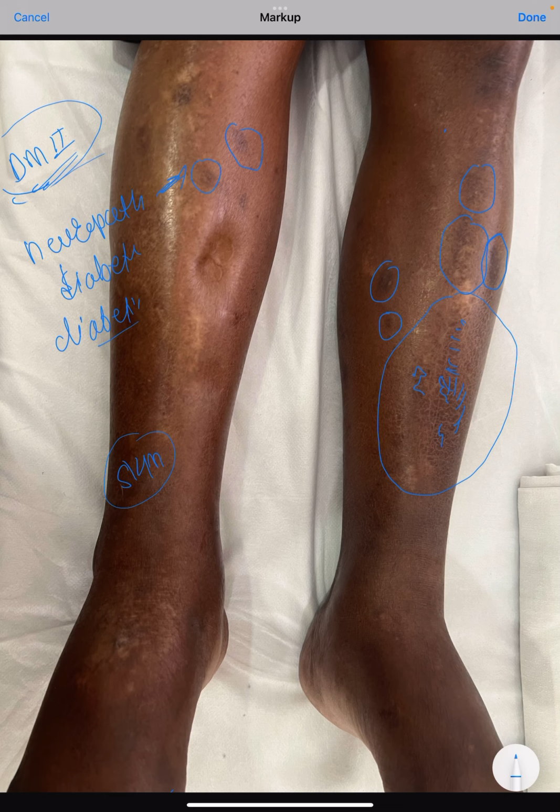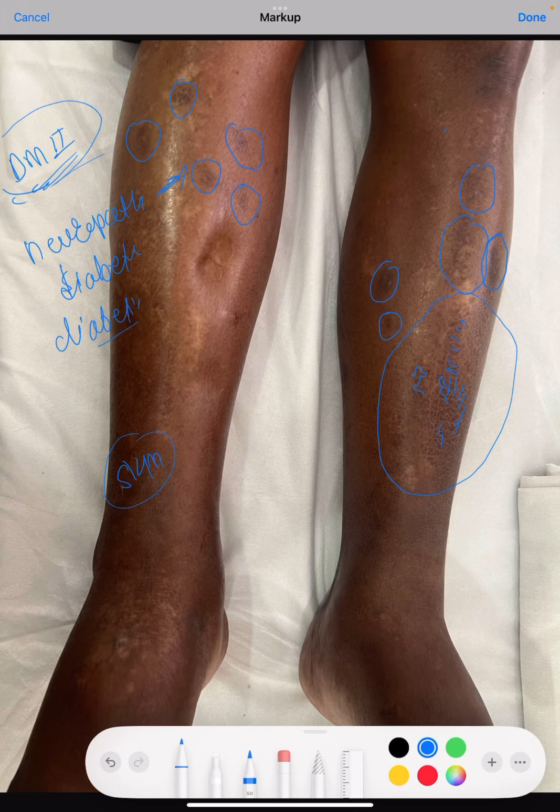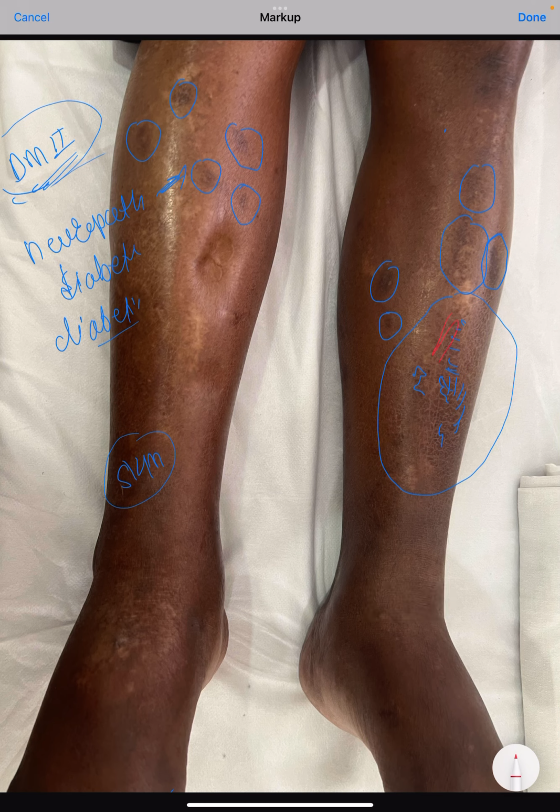This is very typically called diabetic dermopathy. These are all diabetic patches because of the poor blood flow to the skin. So dryness of the skin, loss of luster, diabetic patches or hyperpigmentation.